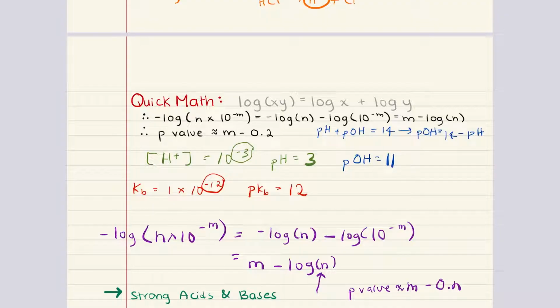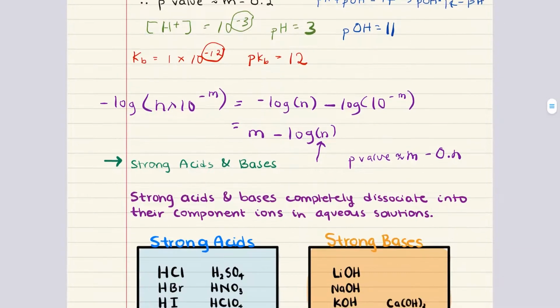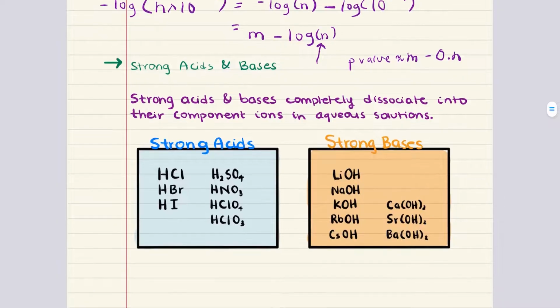With that being said, let's move on to the next topic where we discuss strong acids and strong bases. Strong acids and bases are substances that completely dissociate into their ions in aqueous solutions. This complete ionization makes them highly effective in altering the pH of solutions.